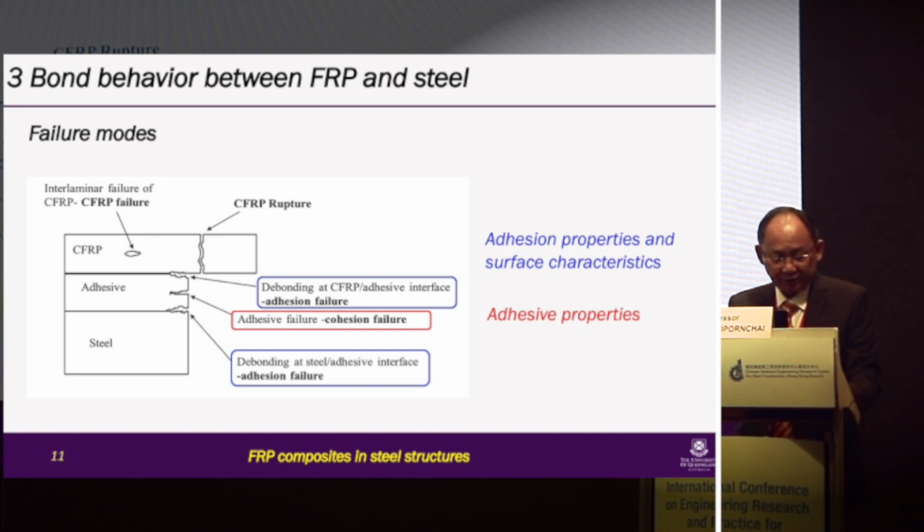The adhesive failure is referred to as the cohesion failure. Failure could also occur at the interface. If the adhesion failure occurs, it means that the adhesive property as well as the surface character is a problem. In other words, how well the surface has been prepared. On the other hand, cohesion failure depends on the adhesive properties.